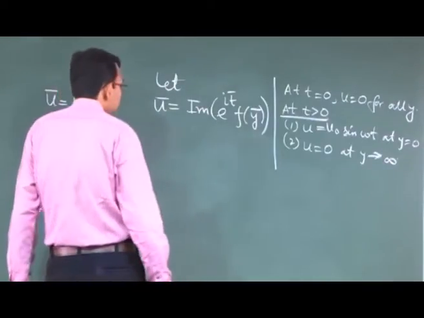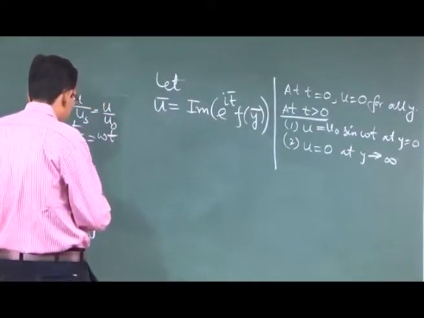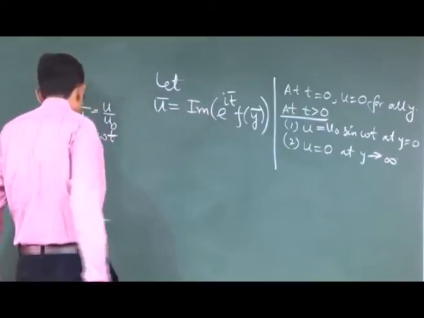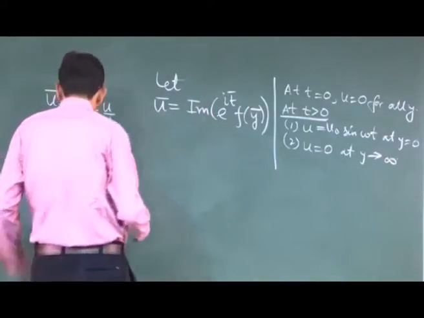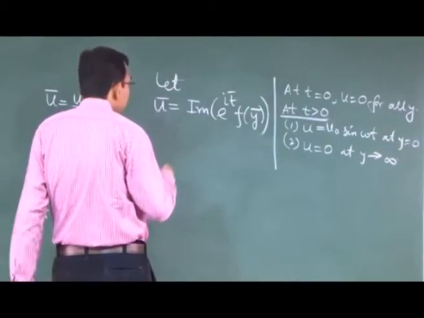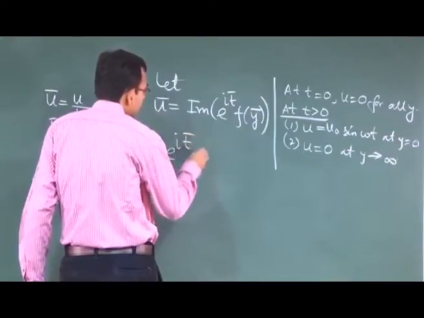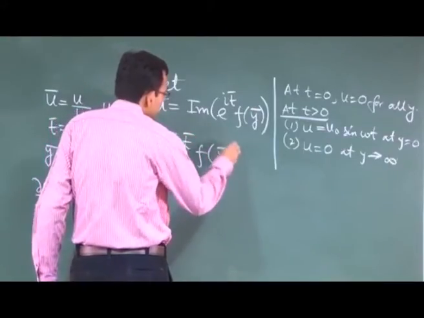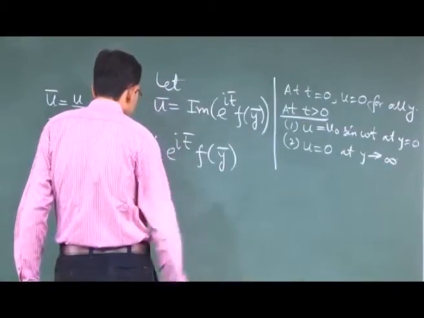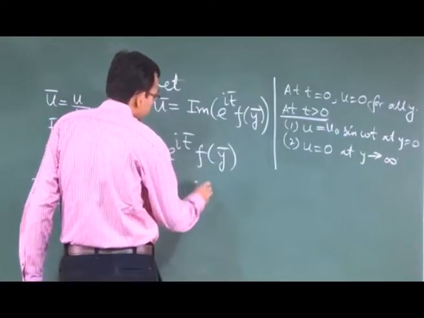So, now as a shorthand we will equate this with this and basically not write the imaginary part time and again. So, if you write the partial derivative del u del t, then this is I e to the power I t f y, and del 2 u del y 2.